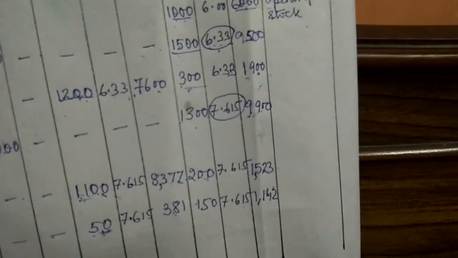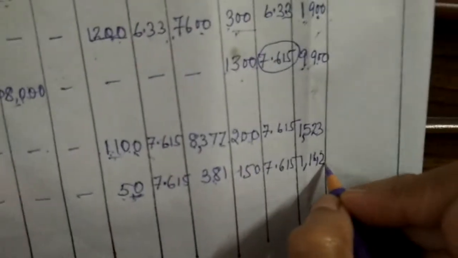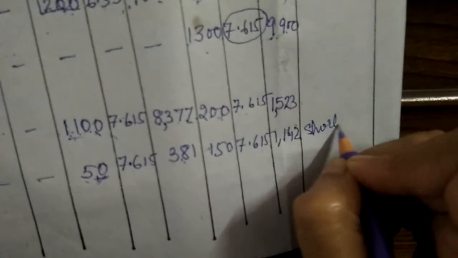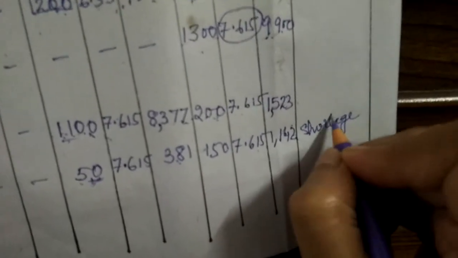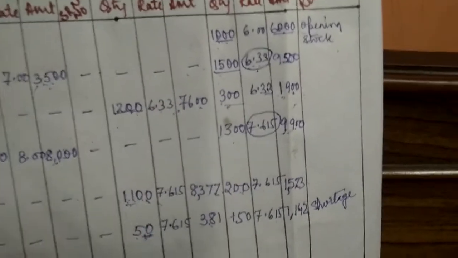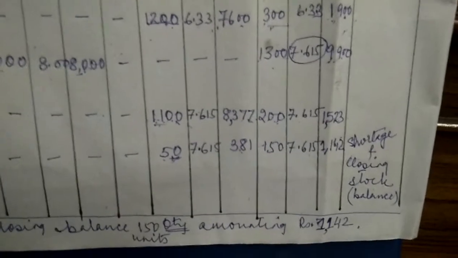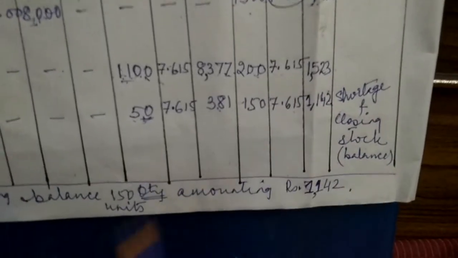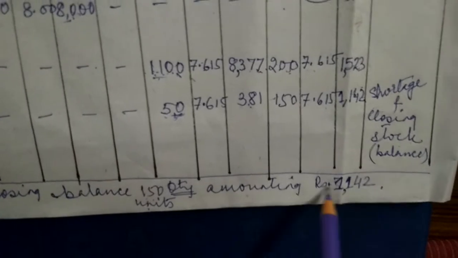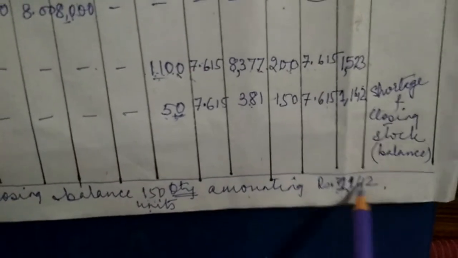Okay? But one thing is over here, what you have to keep in mind, this is our shortage. So in the remarks, you have to write over here as shortage. Okay? And since this is the shortage, the closing value will be how much? 150 units amounting to rupees 1142.